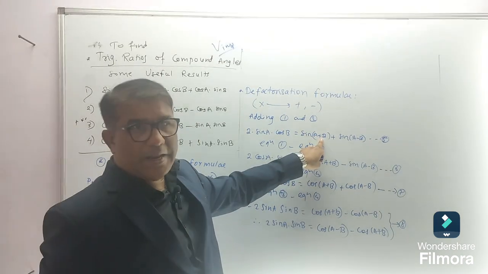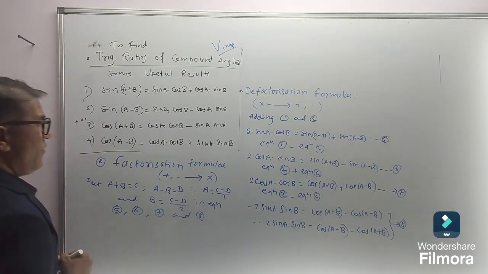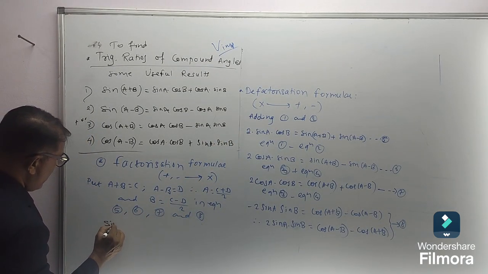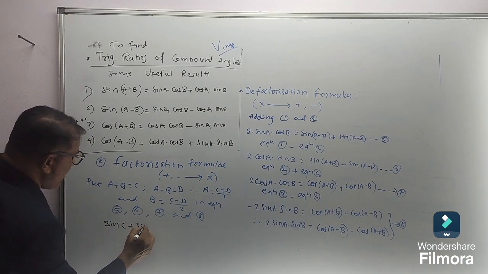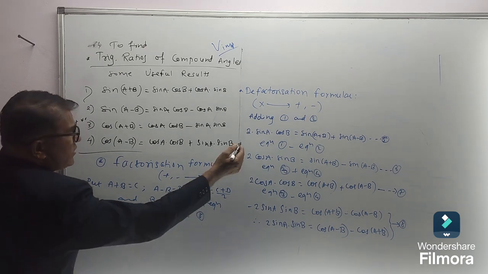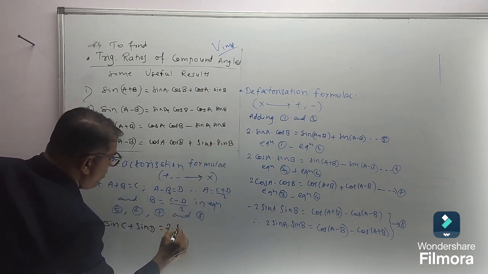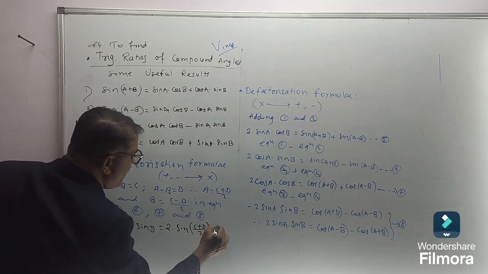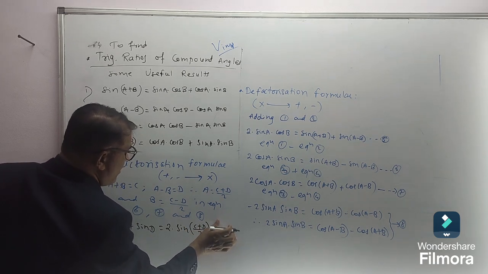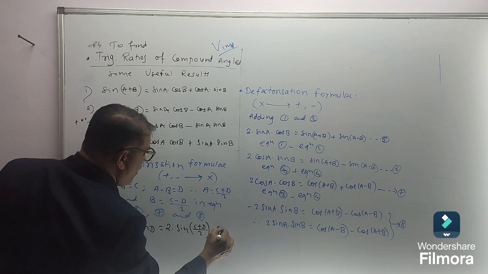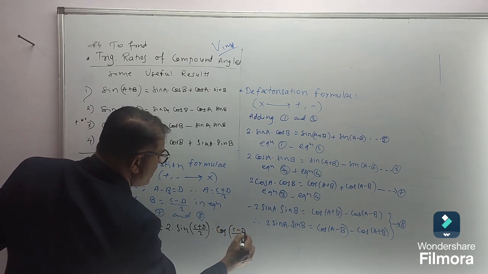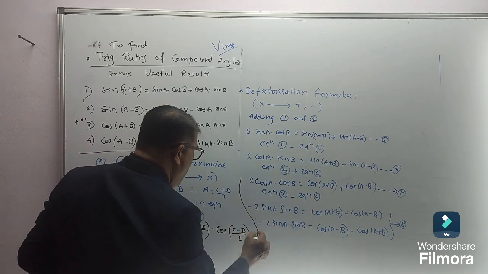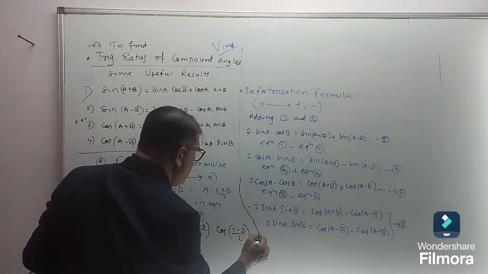First write RHS. From fifth, I got sin C plus sin D is equal to 2 sin of C plus D by 2 cos of C minus D by 2. Hence, I got the first formula of factorization.